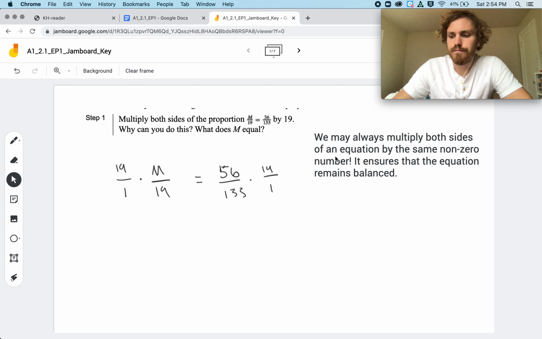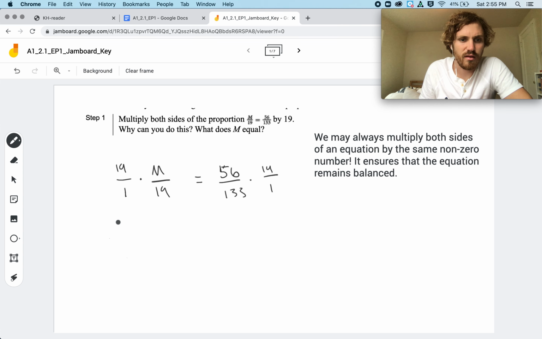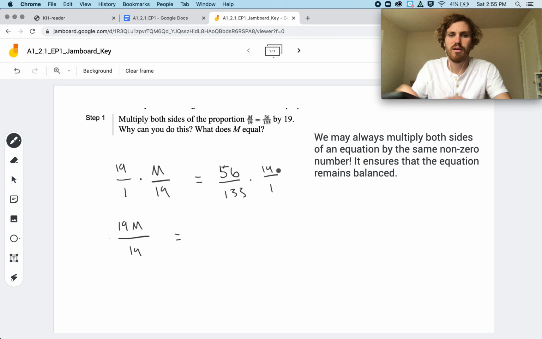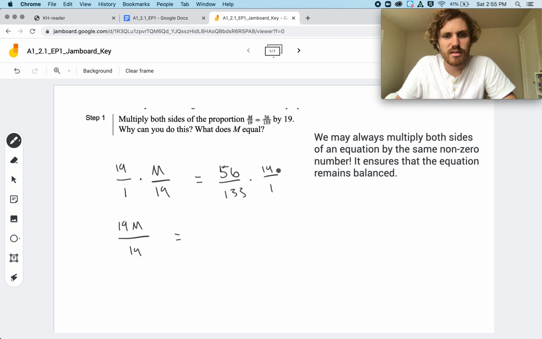So if we simplify both sides here, we'll do 19 times m and 1 times 19, and that should give me 19m over 19 is equal to 56 times 19. I think I could do that in my head. It's like 560 times 2 minus 56, which is like maybe 1064.